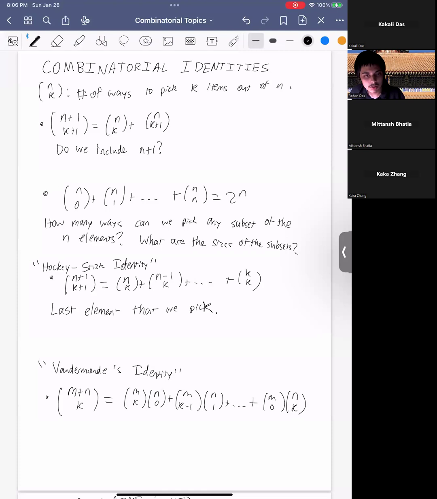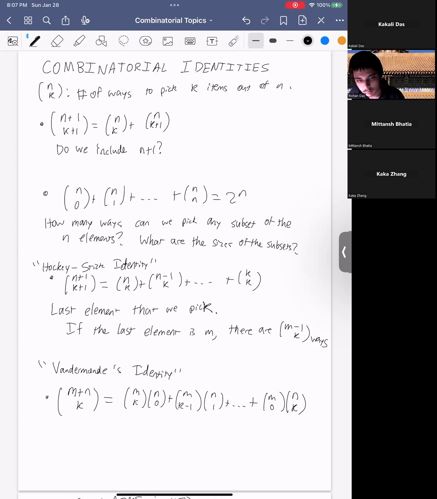But if we don't pick n plus 1 and we do pick n, we now are choosing k out of the first n minus 1, etc. And if the last element is m, there are in general m minus 1 choose k ways, because everything after m is not included, but out of the first m minus 1 elements, we have to pick k of them.